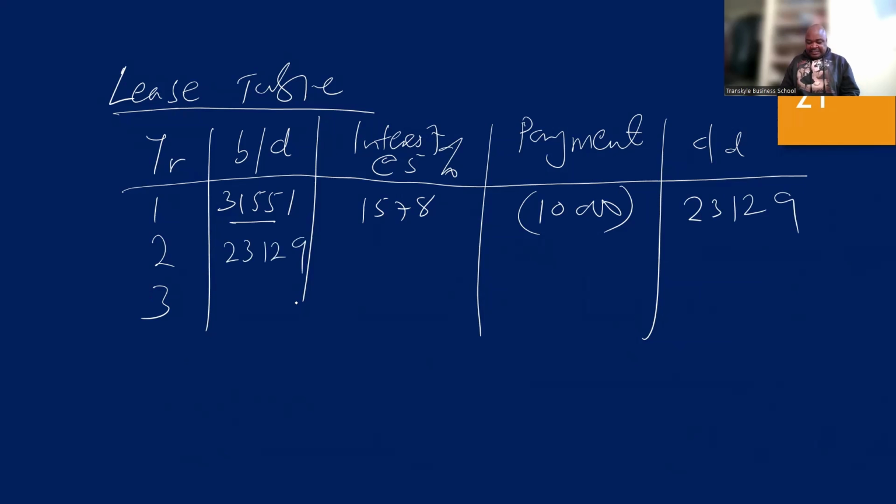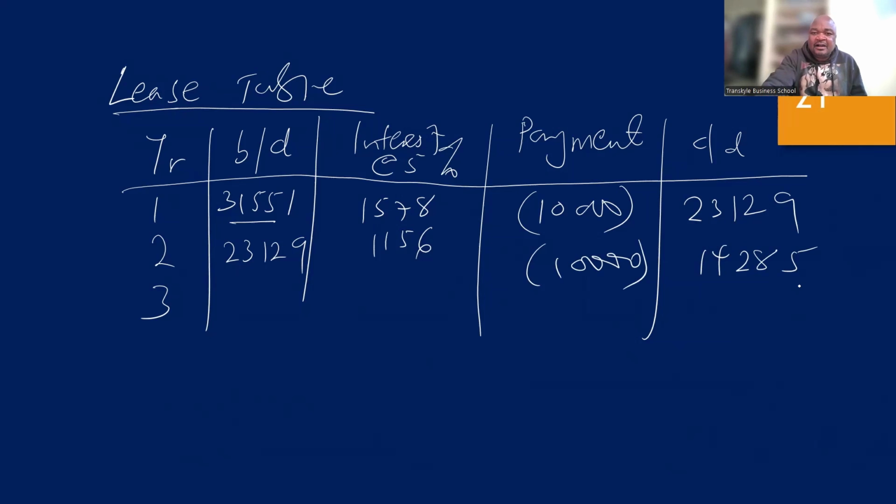We charge 5% again, which comes to 1,156. So 23,129 plus 1,156 minus 10,000, we arrive at 14,285.